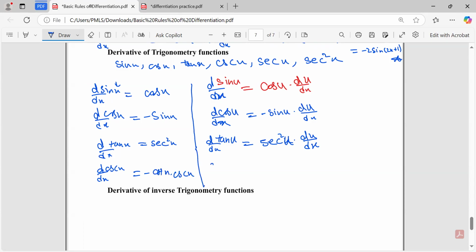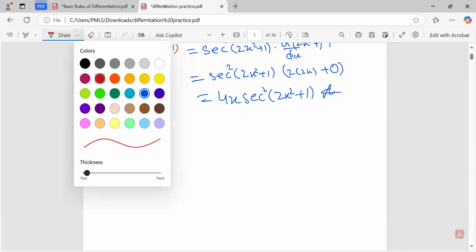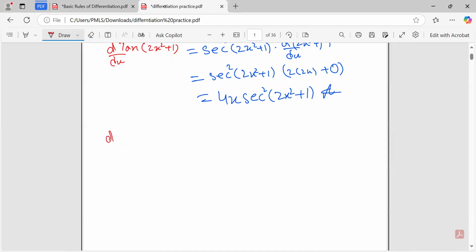And in the same way, if the angle is other than x, let's say u, it will be minus cot u times cosecant u times du by dx. If we take an example, then you will understand better. For example, we need to find the derivative of cosecant of 2x square minus x plus 1.